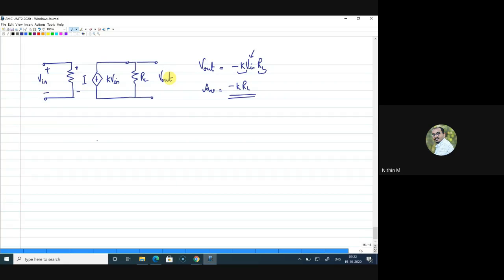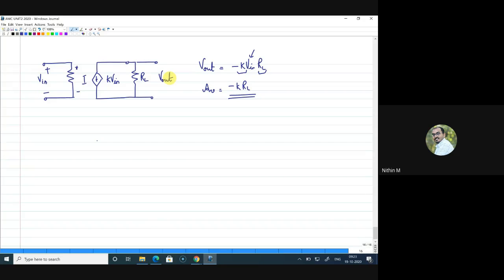It doesn't matter; the resistance between those two terminals does not affect the voltage gain. That is what we can see here, right? So I hope this is clear, because from BJT and MOSFET onwards, I am telling that if a device is operating as a constant current source, it can be utilized as an amplifier, and this is how it can be used as an amplifier. Are there any doubts in this?